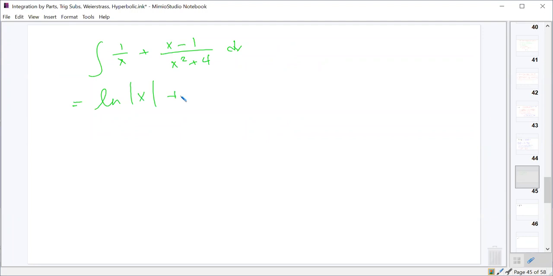But then that minus 2 is still a problem. I don't have 2x dx, I have 2x minus 2 dx. There's a way around that, but there's an easier way around it by not using the u substitution at this exact moment. We separate it and then do a trig sub.